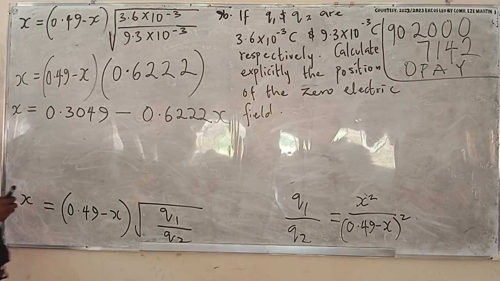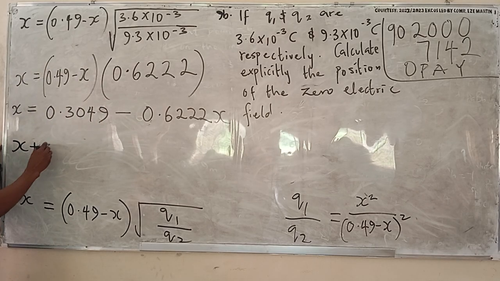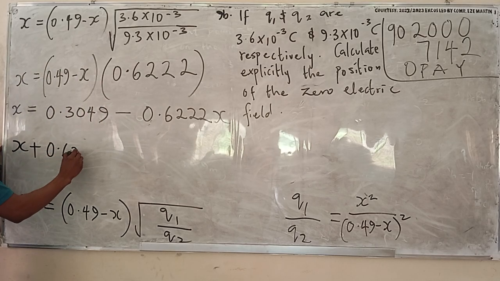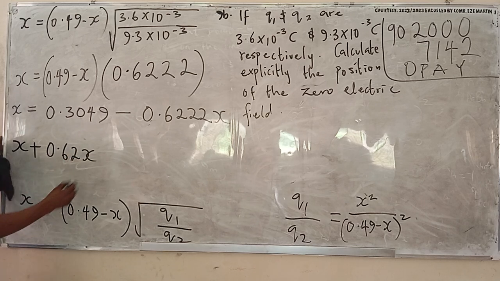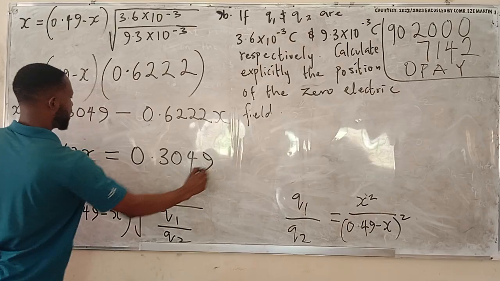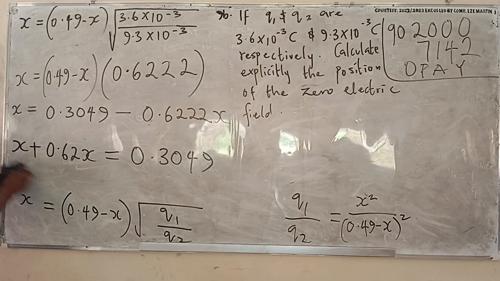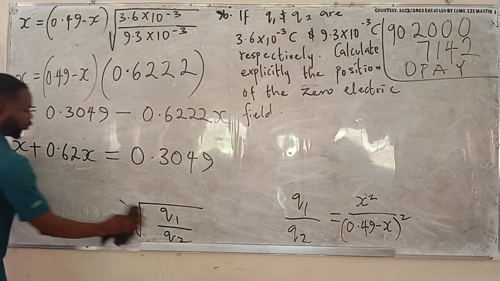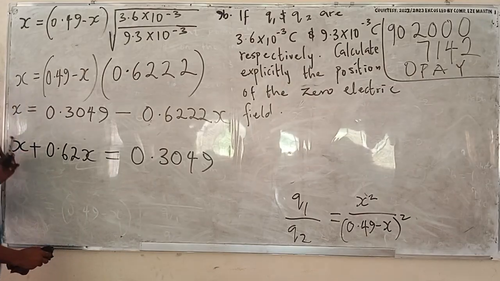So I can collect terms across the equality sign so that I have x plus 0.622x equals 0.3048. If you add this up, 1 plus 0.622, you know that x is the same thing as 1x.